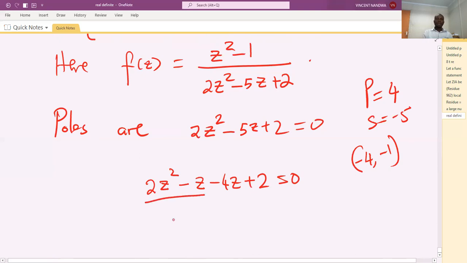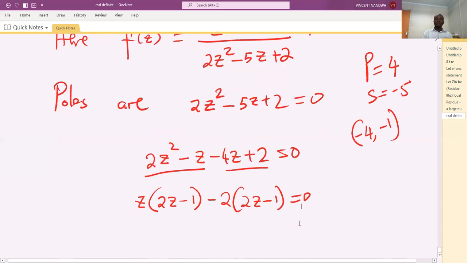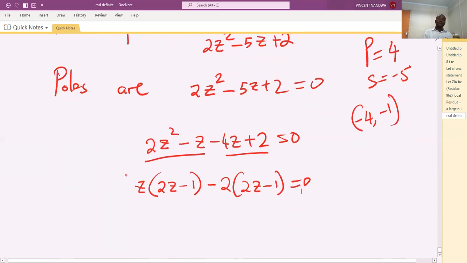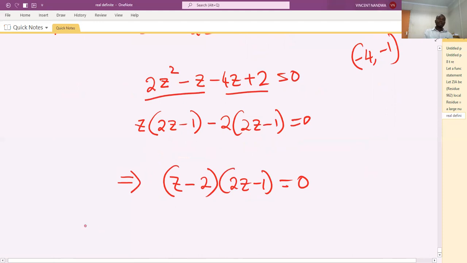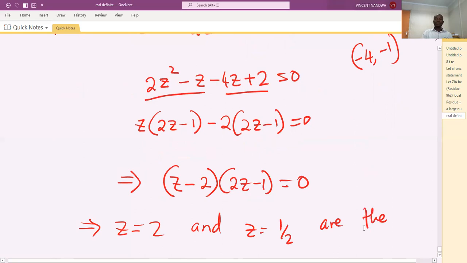Pair this, so we'll have z into 2z minus 1 minus 2 into 2z minus 1 equals 0, which implies z minus 2 into 2z minus 1 equals 0. And this means z equals 2 and z equals a half are the poles of f of z.